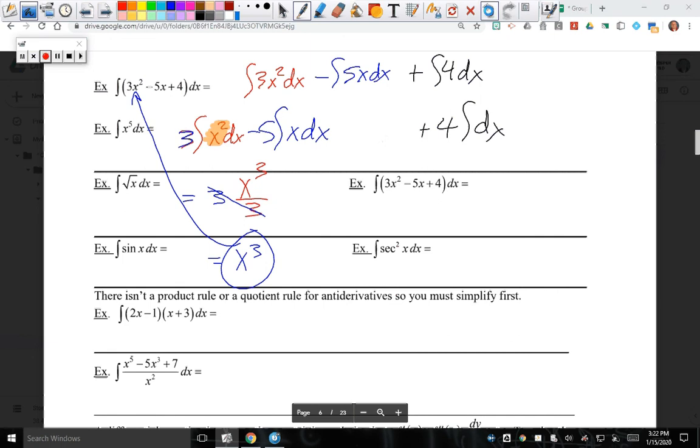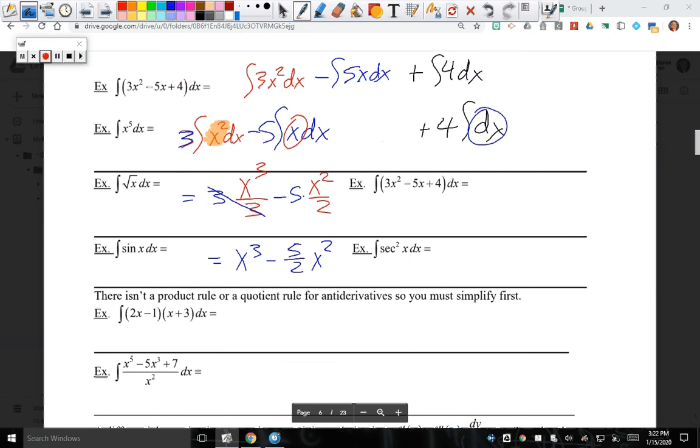Okay. So now we're going to go to this x right here. It will become x to the power of 2 over 2, times the constant multiple rule of 5. So this is just that. What would this become?